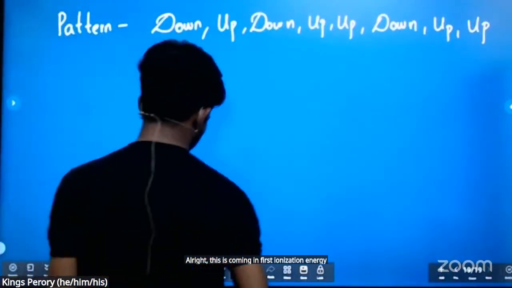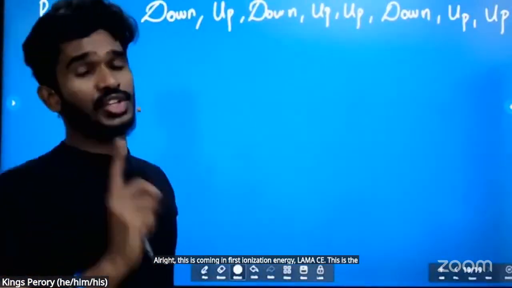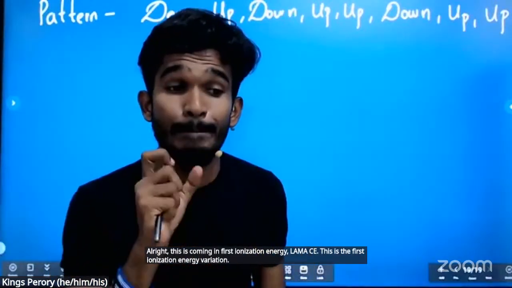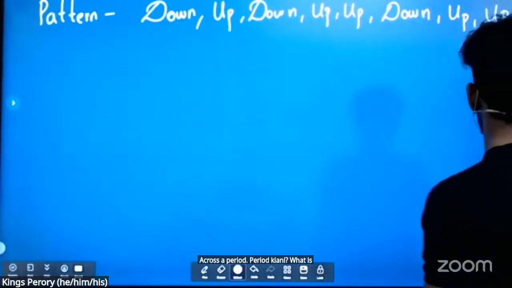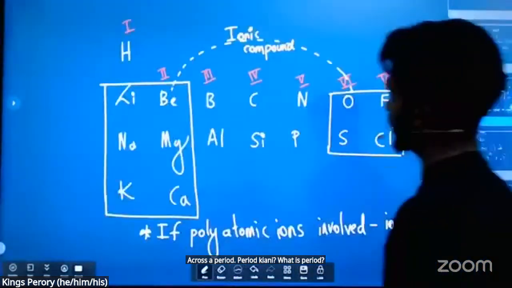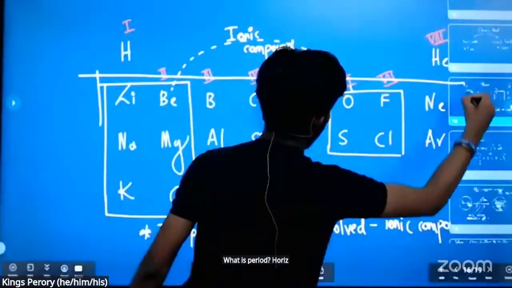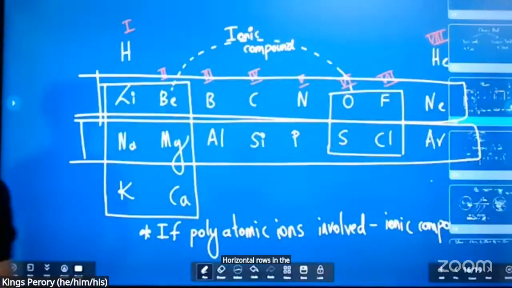This is the first ionization energy variation across a period. What is a period? Horizontal rows in the periodic table are periods.